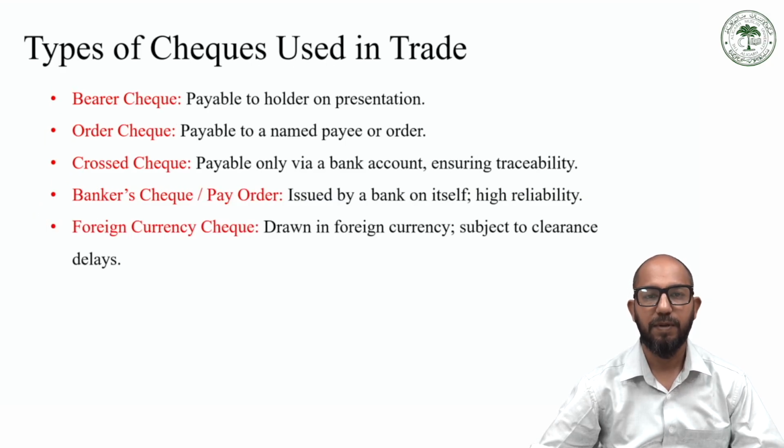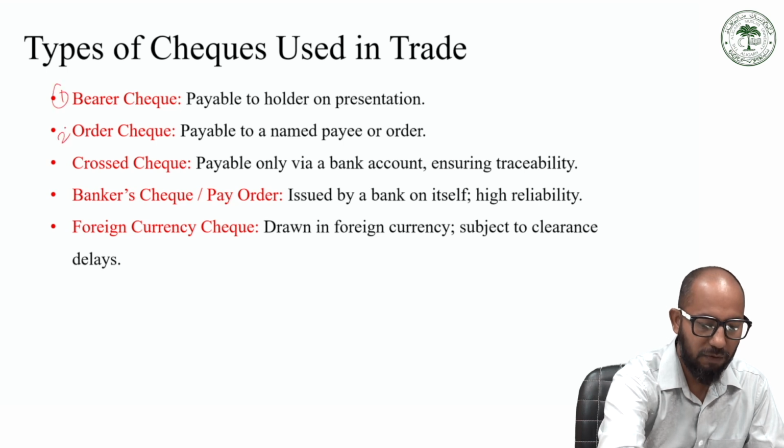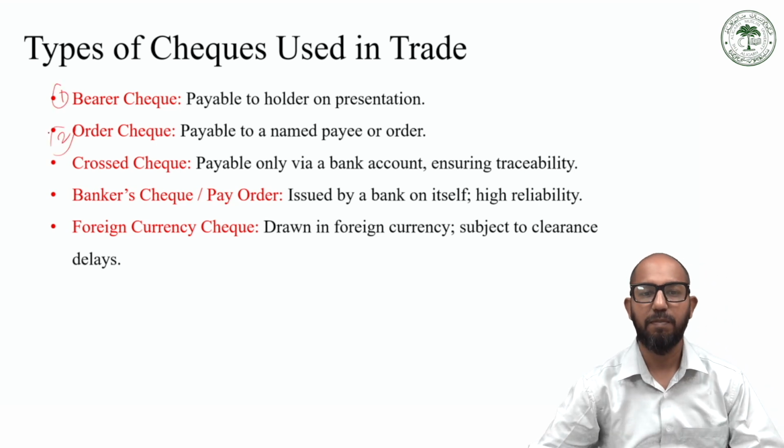Let us now try to discuss types of checks used in trade. The first is the bearer check. This check is payable to the holder on presentation. The second type is the order check, wherein it is payable to a named payee or order.